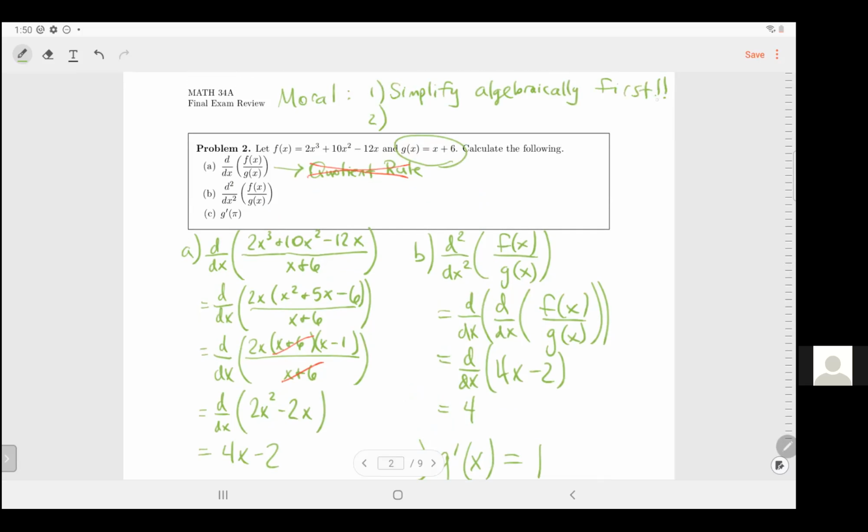That's a huge moral. And it's supposed to be an exclamation point. The second moral is going to be use previous parts if possible. Right, so part B was easy because we figured out part A. Okay.